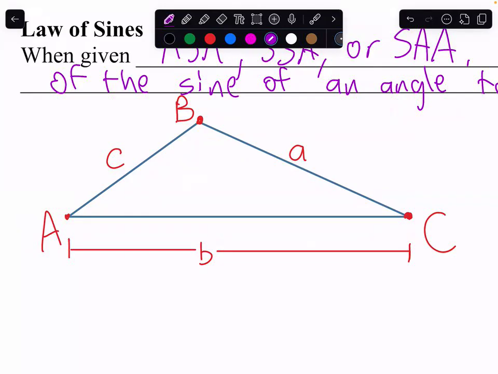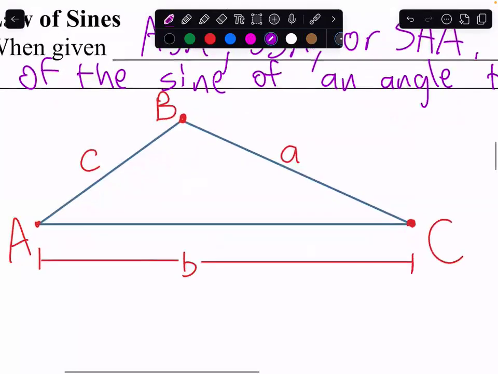Okay, so again, right now we can't do sine of any of the angles because there's no right angle. So what we need to do is create a right angle. How we're going to do that is from point B, we're going to draw what's called the altitude, the line straight down that hits the bottom in right angles.